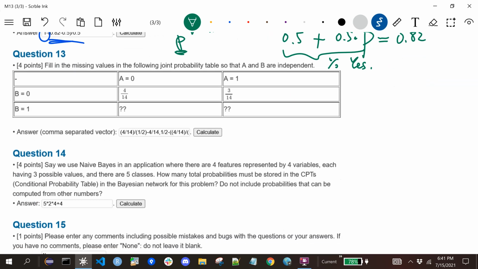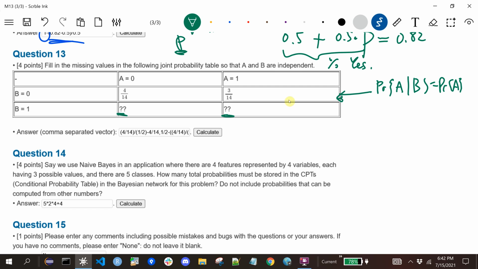Okay, so this is the question that I was talking about earlier, about figuring out the numbers such that two variables are independent. So the definition that I had in the lectures of independence is basically A given B is the same as A. So I think that's harder to verify.